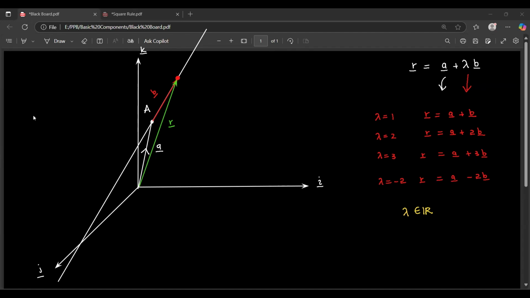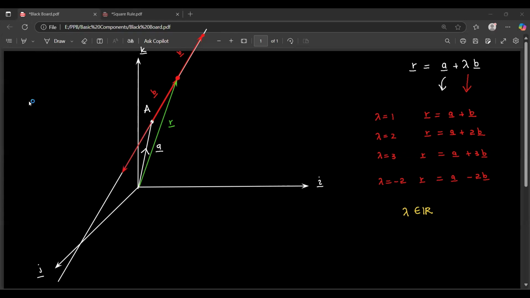So if it is 2B, nothing changes. 2B looks like this, and that represents another point on the line, B plus B, 2B. And we can also have it in the negative direction.